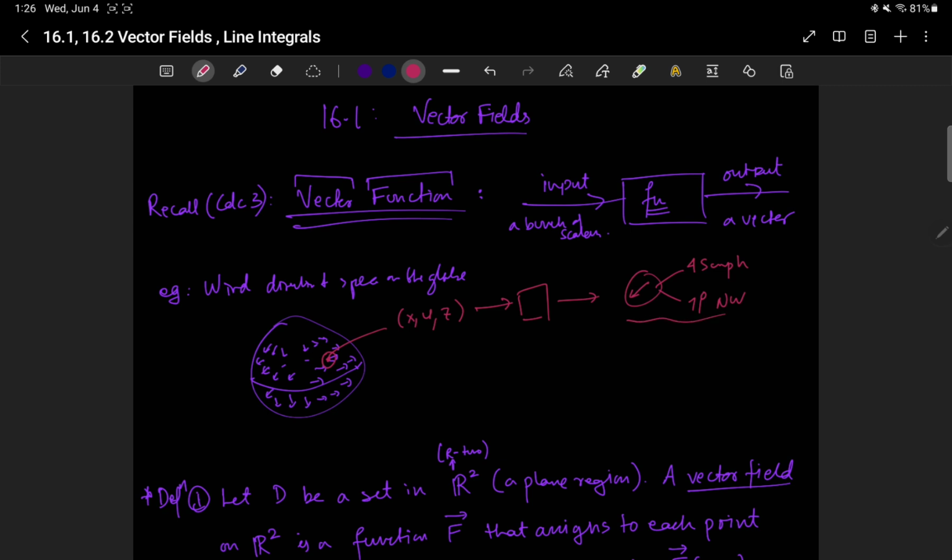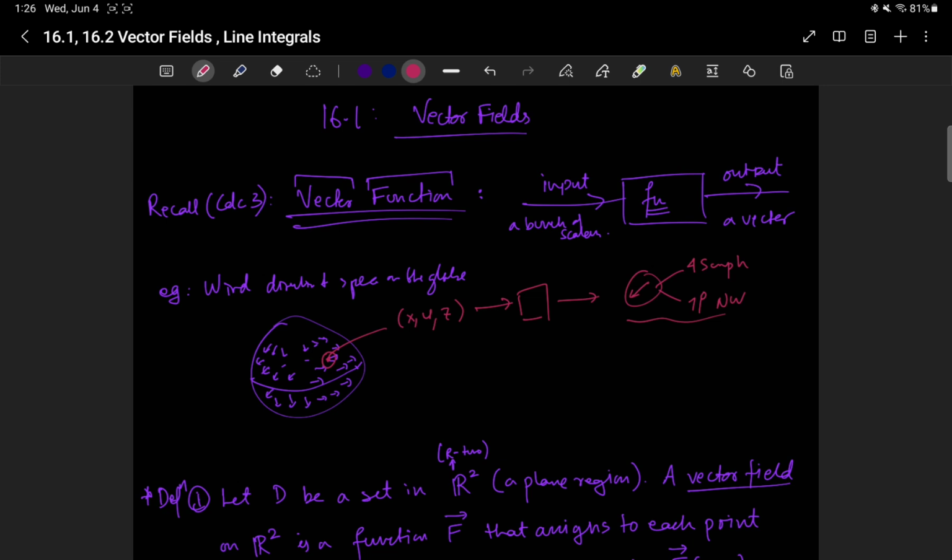So anything which is a function which takes a bunch of inputs, usually coordinates, and gives you a vector, basically gives you an arrow which has direction and magnitude. That's a vector function.